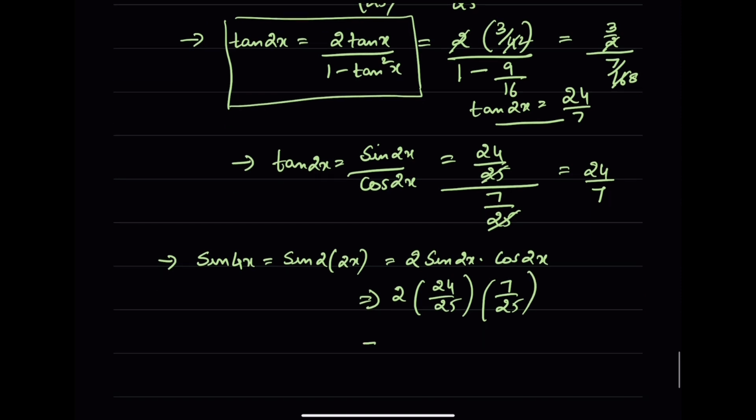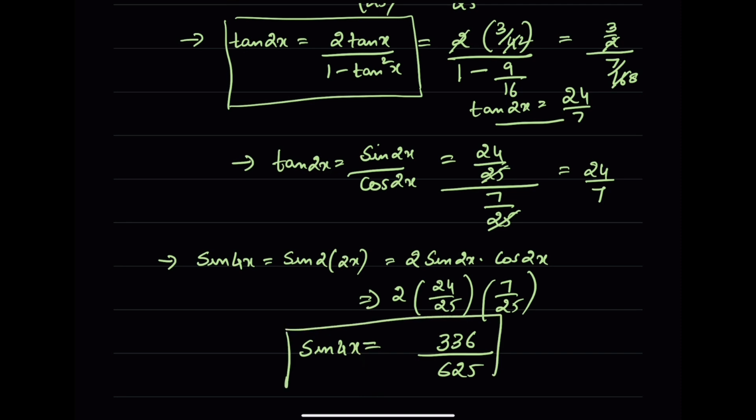If you multiply all this together, the denominator would be 625, and the numerator would be 48 times 7, and 48 times 7 is 336. So that is the value of sin 4x. This is how we can apply the multiple angle formula. Let us solve more problems now.